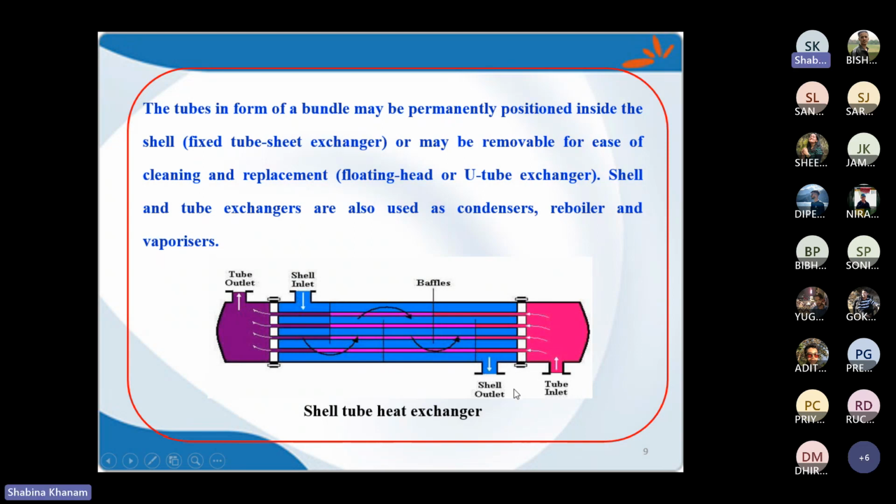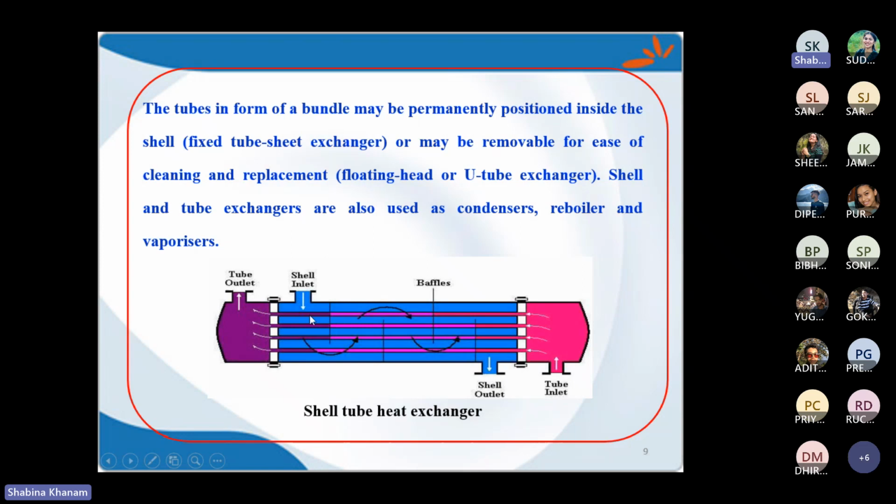One purpose of the baffle is to direct the fluid flow. Because when fluid enters over here, it cannot move in this direction directly. It has to follow this path, and then it returns back, and then in that way.